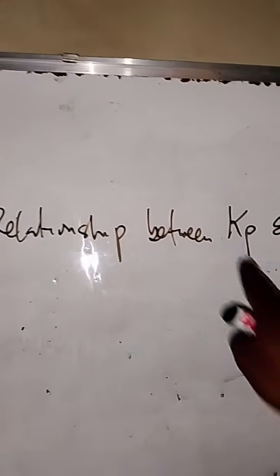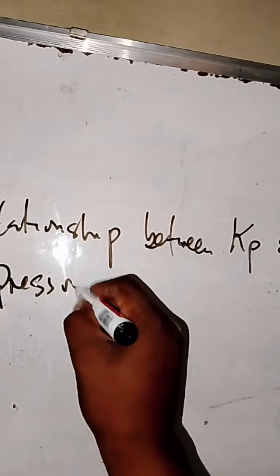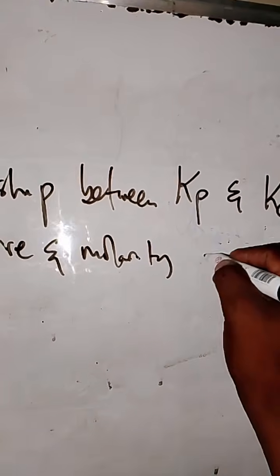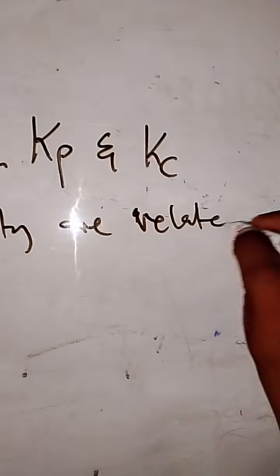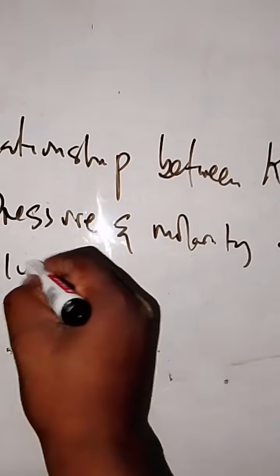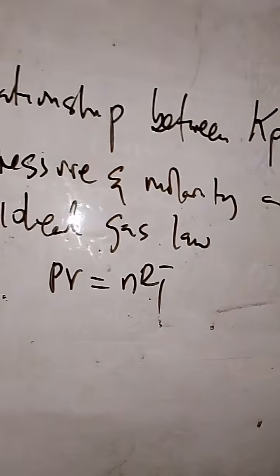Since pressure and molarity are related by the ideal gas law, we know that the ideal gas law is PV equals nRT. We won't go into details to show you how this is derived, so we can go straight into the equation.